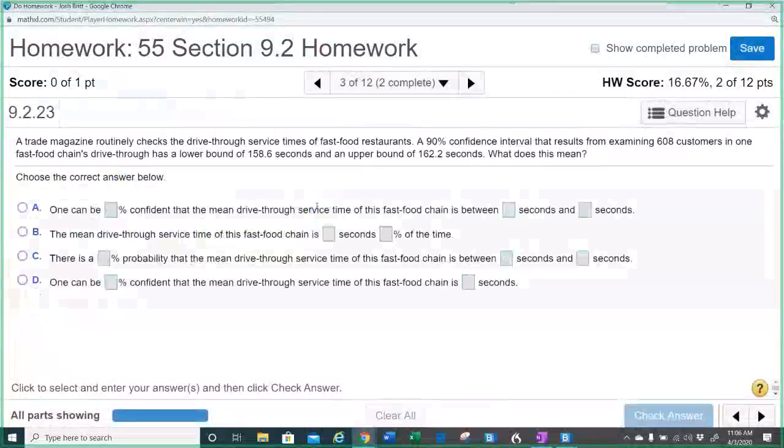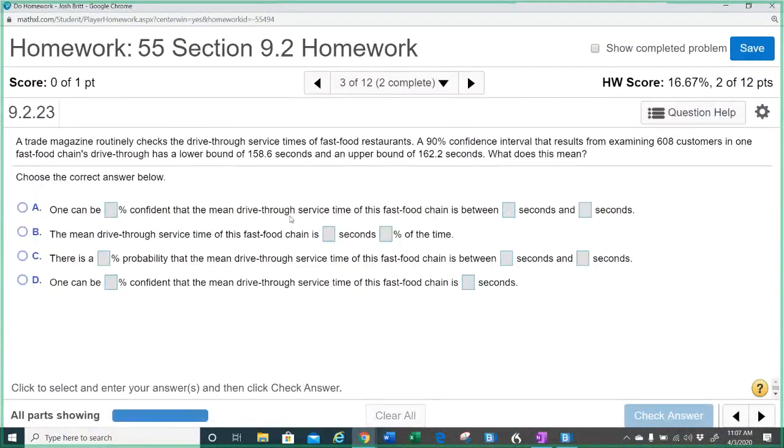All right, so do a couple more here. So this time dealing with drive-through times for a fast food restaurant, 90% confidence interval. And the results from examining 608 customers, sample size 608, found that the lower bound is 158. Well, if they already give you a confidence interval here, so this is just interpretation. So one can be blank percent confident, which is 90% confident.